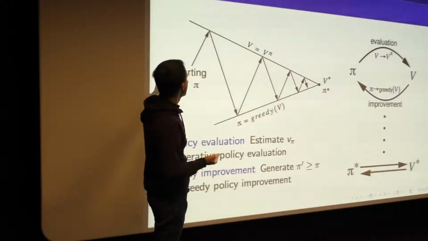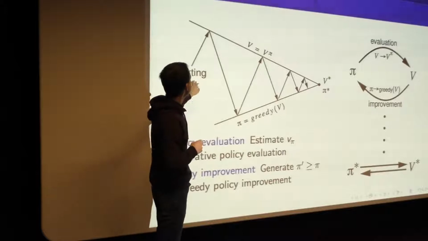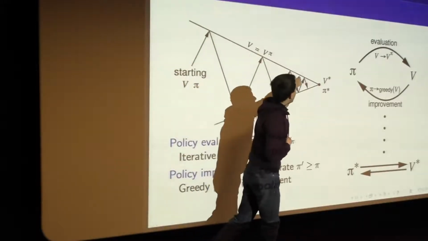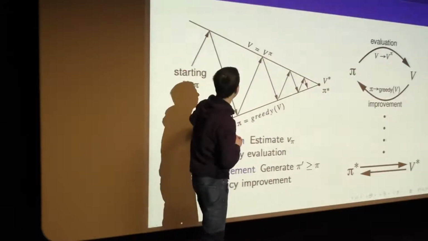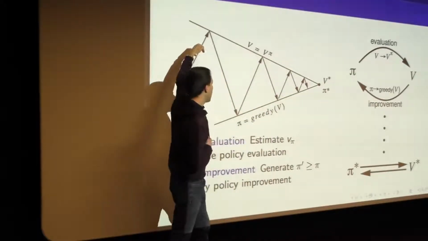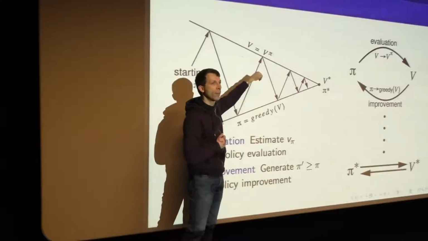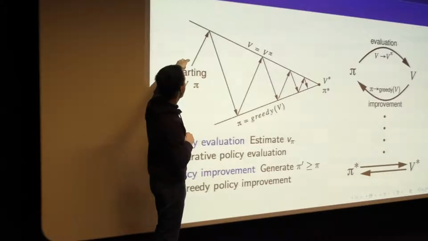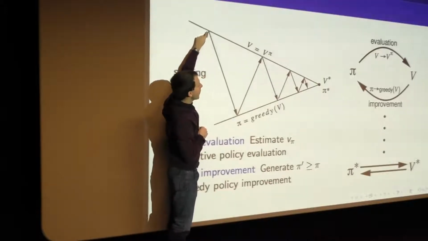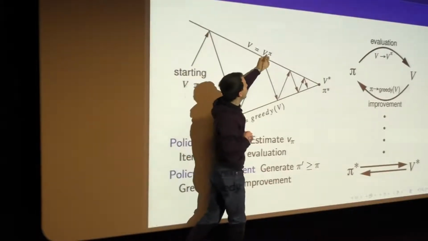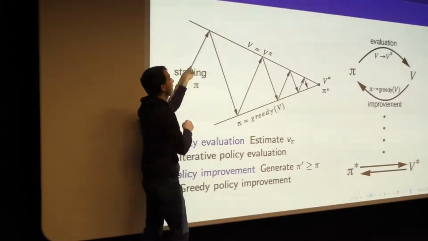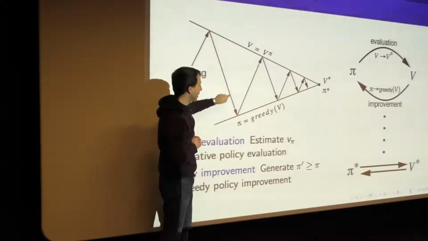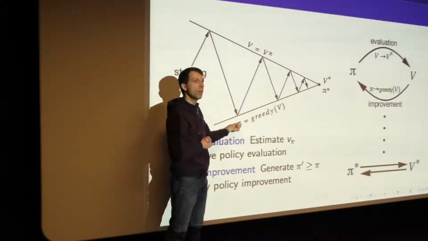We do policy evaluation on our up arrows, and we do policy improvement on our down arrows. So we start off with a V and pi, and we set our value function to evaluate exactly this initial policy on this first arrow.